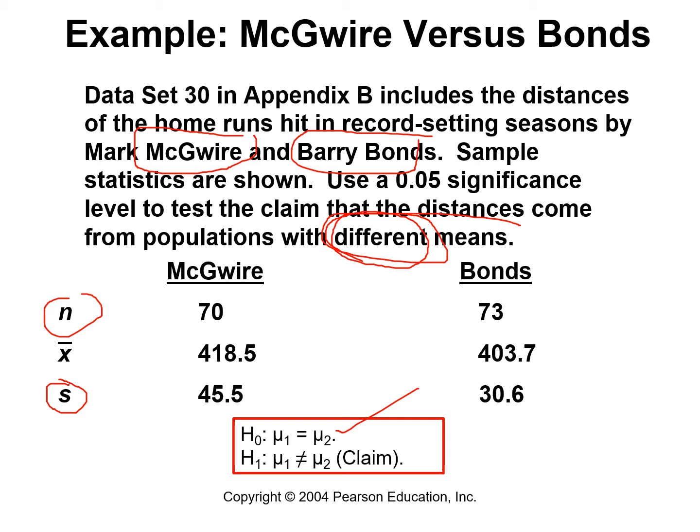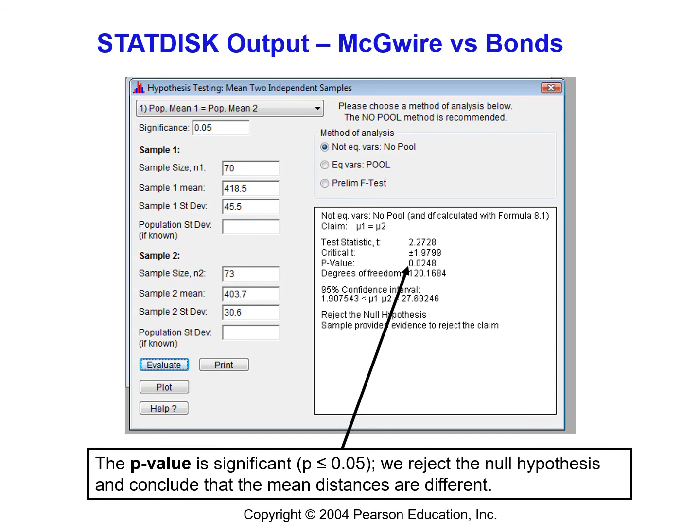H1, the alternative hypothesis, as you know, depends on the researcher's claim. Here the claim is examining different means, so mu1 does not equal mu2, as in the original claim. Using statistical software to generate the results, and look here. These are the results.